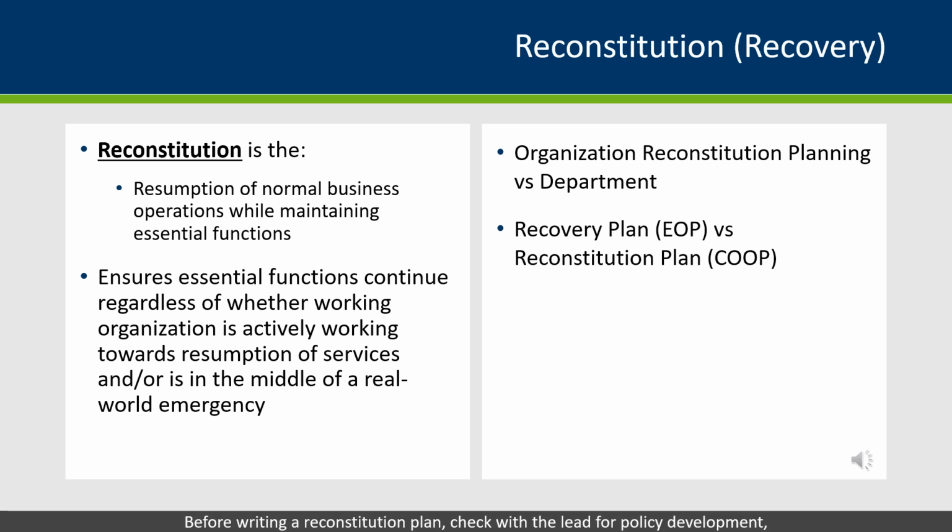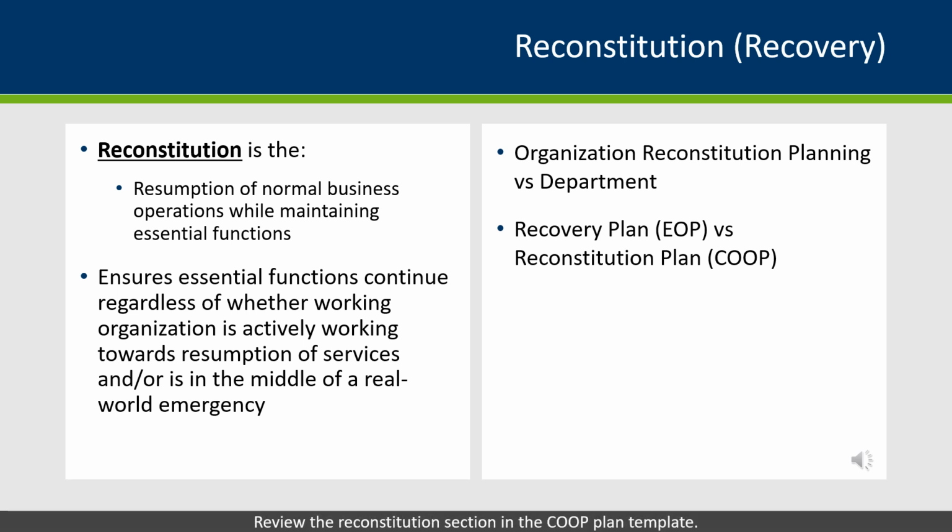Before writing a reconstitution plan, check with the lead for policy development, emergency management, or legal subject matter experts to avoid duplication of effort. While a recovery plan would not cover all aspects of reconstitution planning, there may be a significant amount of overlap, and an organization will want to ensure alignment with any existing plans.